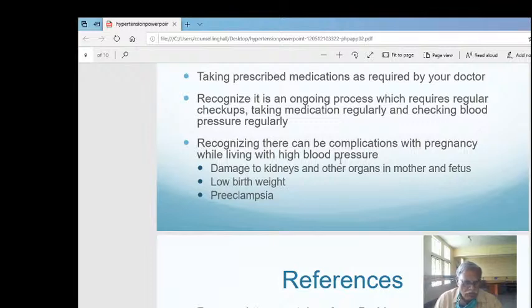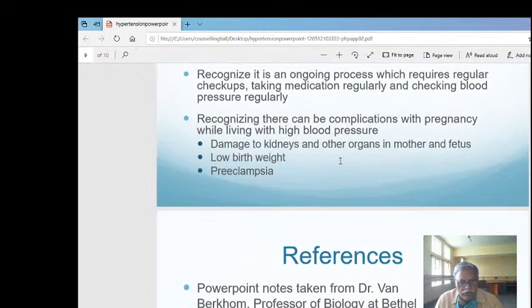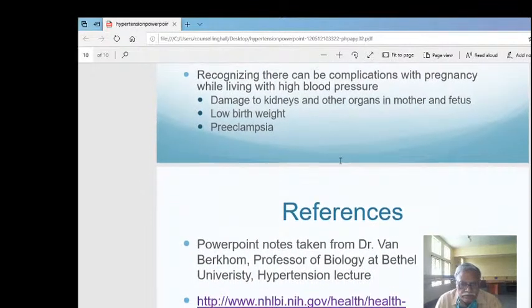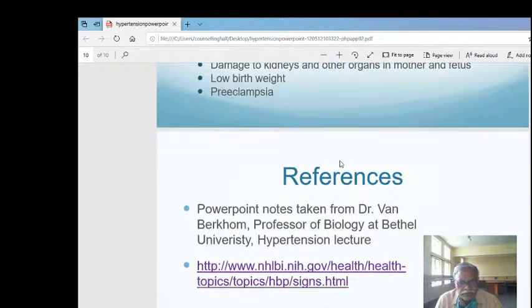If the patient is obese, bring down the weight, and if the patient is sedentary, ask the patient to start walking 30 to 40 minutes a day. At any time, whatever the time he gets, there is no bar for time.